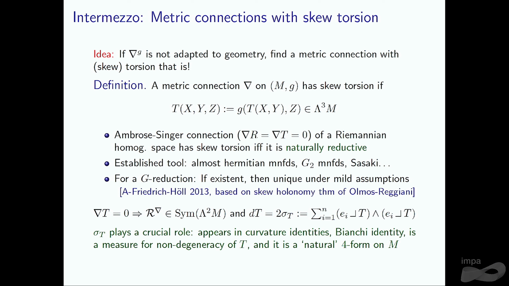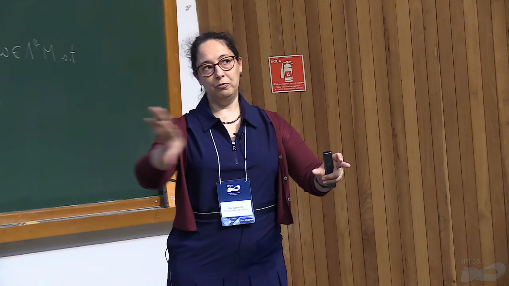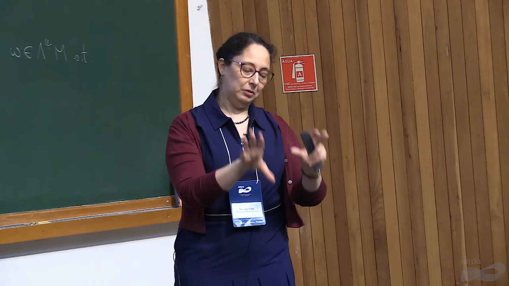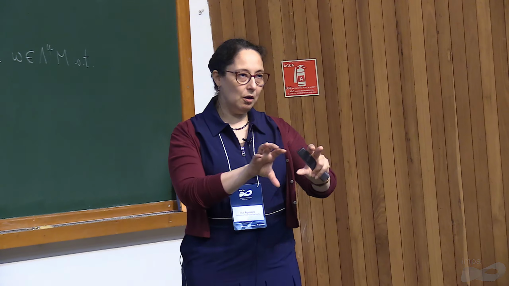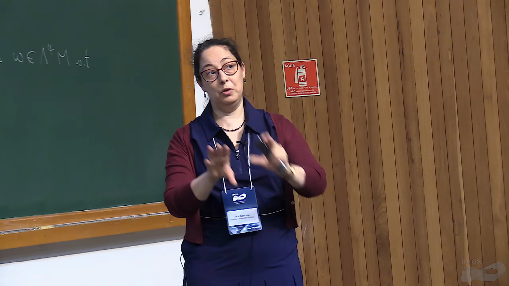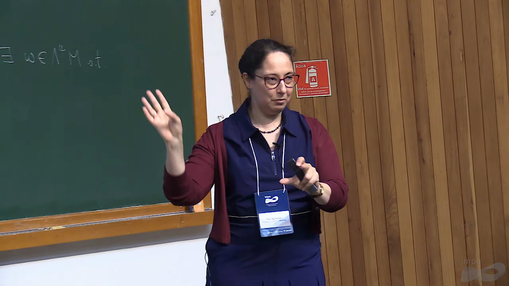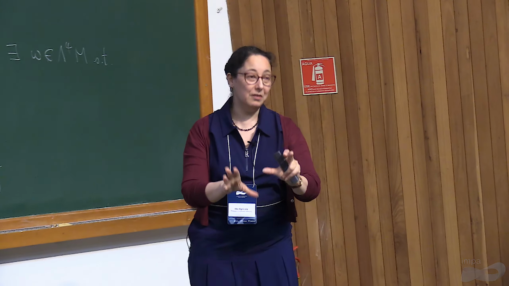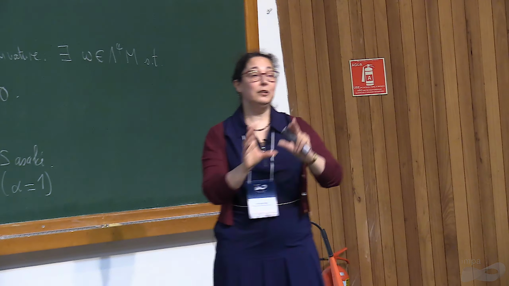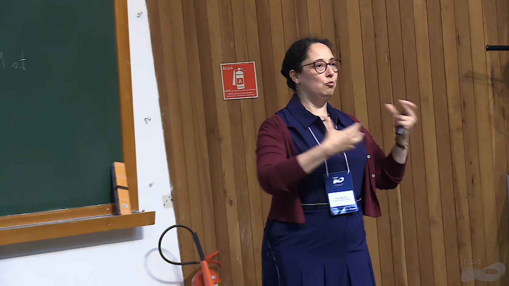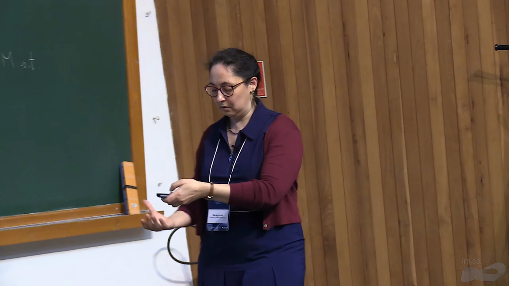When you are in the general picture of a G reduction, so G a subgroup of the frame group, if we look at the frame bundle of your Riemannian manifold, therefore it is an SO(n) bundle. My manifolds are oriented by definition, so the structure group is SO(n), and suppose you have a reduction of the frame bundle to a subgroup G really different from SO(n).